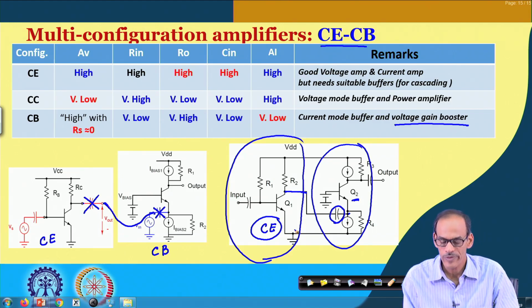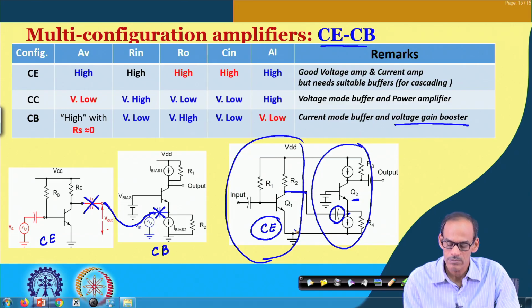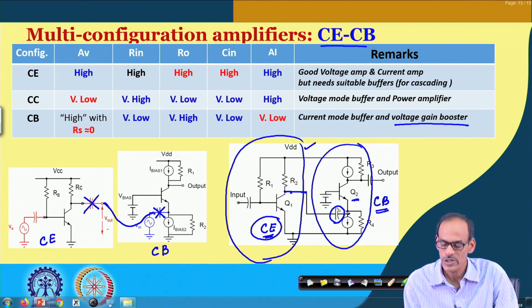Now, we will see that the DC operating points of the CE and the CB stages in this connection remain isolated. But of course, the signal goes from the first stage to the input of the second stage.